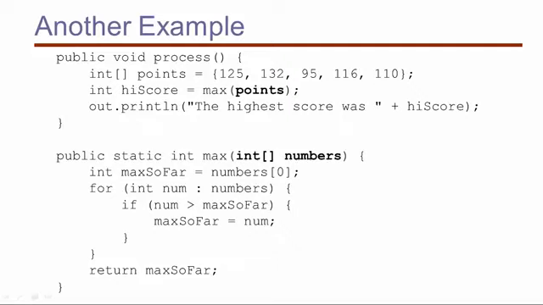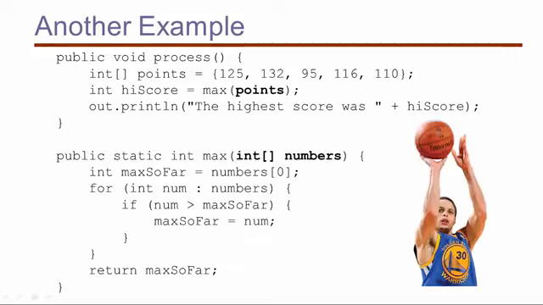When we exit this loop, the variable max so far will hold the largest value in the array, and we return that value. Note that the values in the points array represents the points scored by the Golden State Warriors NBA team over their past 5 games at the time this lecture was recorded.